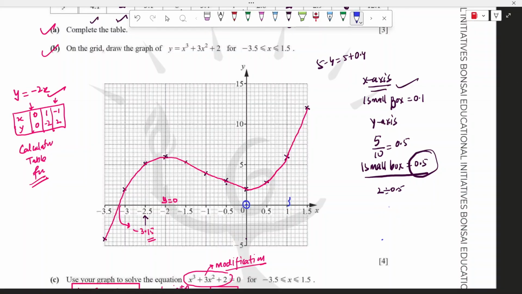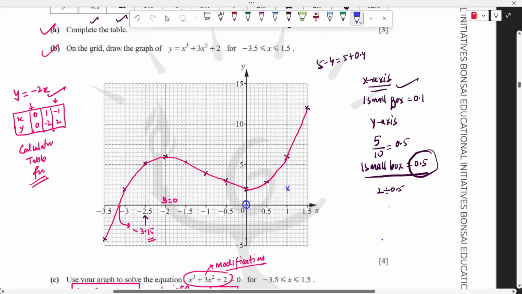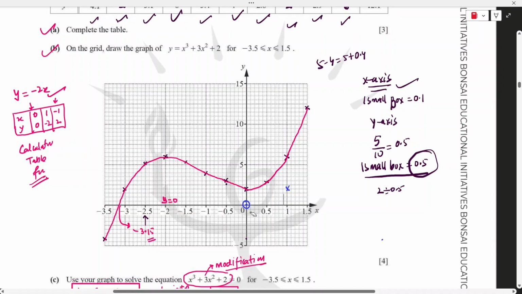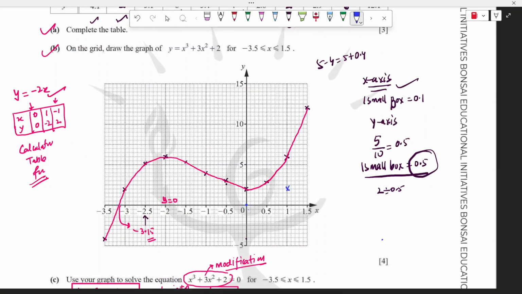So 1, 2, 3, 4. So this is the point here. Sometimes we draw a cross, sometimes we can draw a point and a circle also. Anyway, anything you find easy.